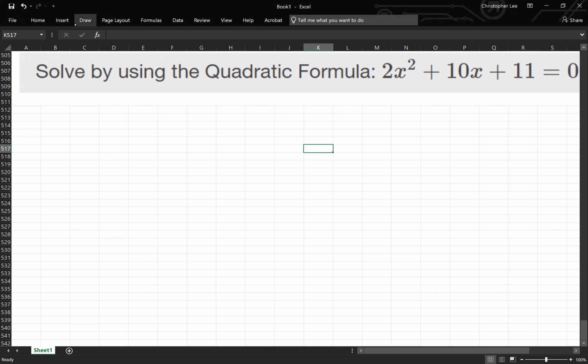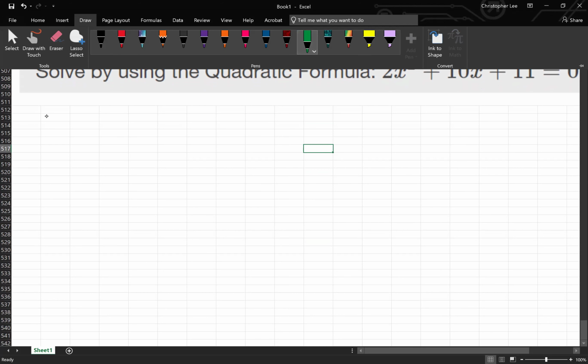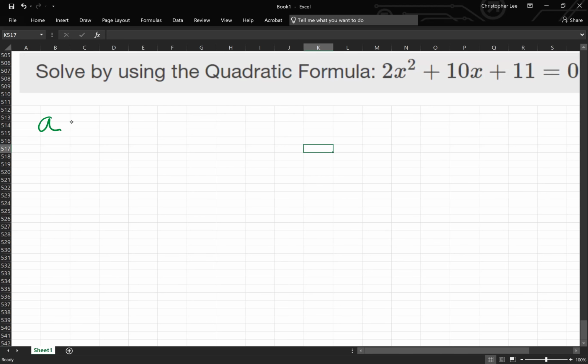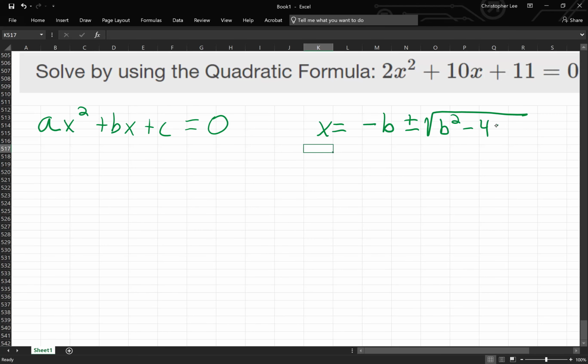Just to be fair, real quick, standard form is ax squared plus bx plus c is equal to 0. And my formula is x is equal to negative b plus or minus the square root of b squared minus 4ac, all divided by 2a. All right, try that out.